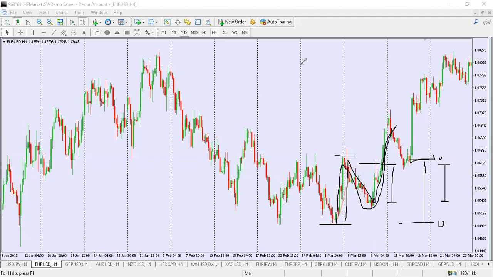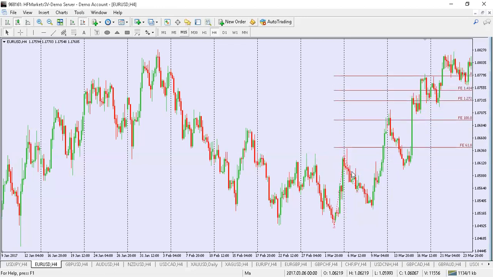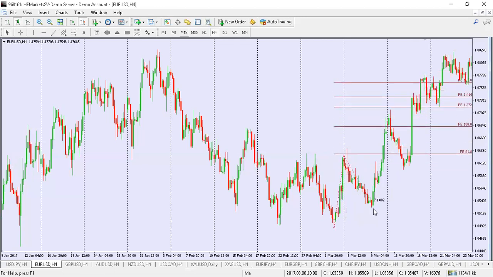So now that we know we are dealing with a possible uptrend, we can bring out our expansion tool. You draw it from this point to this point.